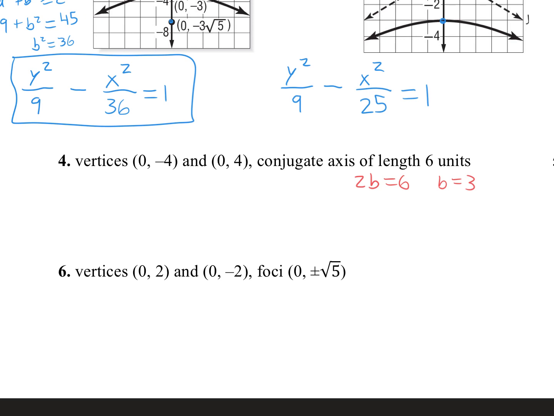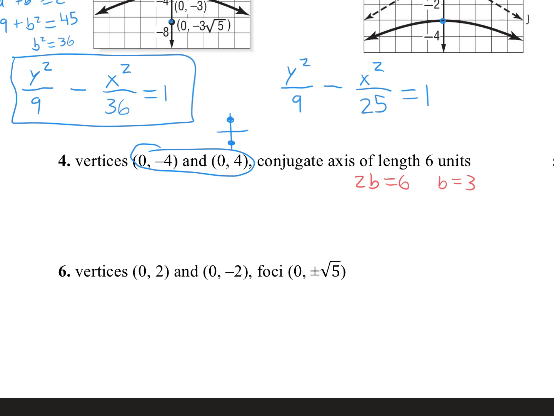All right, looking at the vertices, those vertices are up and down from each other, so this makes it a vertical hyperbola. The midpoint of those two coordinates is 0, 0. So it's vertical because if you graph 0, negative 4 around here and 0, positive 4 there, you can see they are vertical.